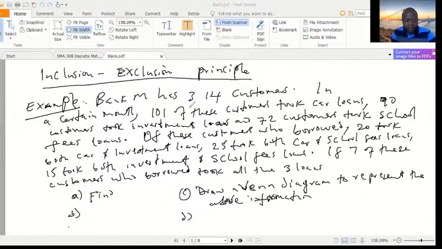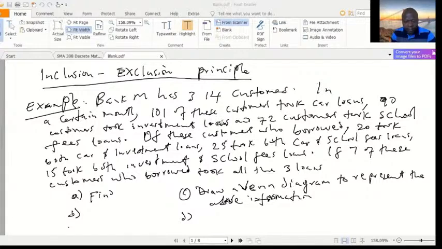Now, we'll use the inclusion-exclusion principle to do this. We have 3 sets. 1, the set of the customers who took car loans. Then you have the set of customers who took investment loan. Then you have the set of the customers who took school fees loans.